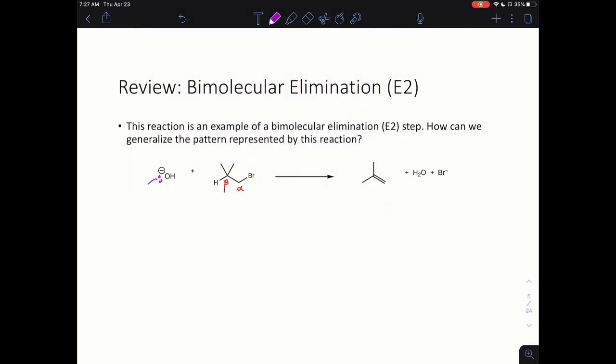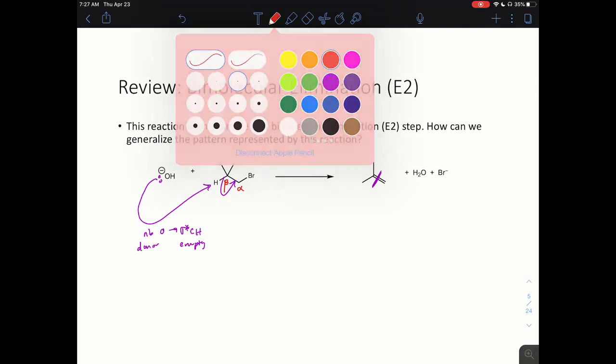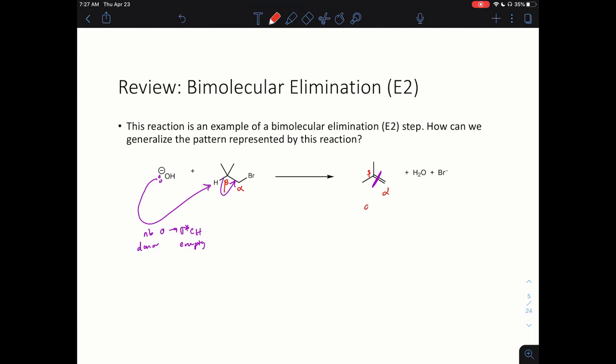So we have the lone pair on oxygen attacking sigma star CH. So donor, filled, empty. Those electrons make this double bond here between the alpha and beta carbons that we see in the alkene product.